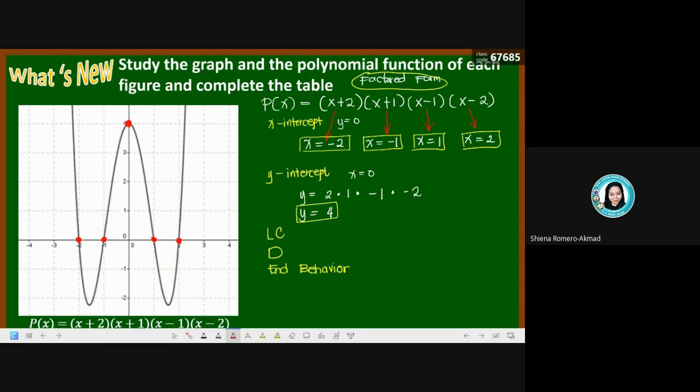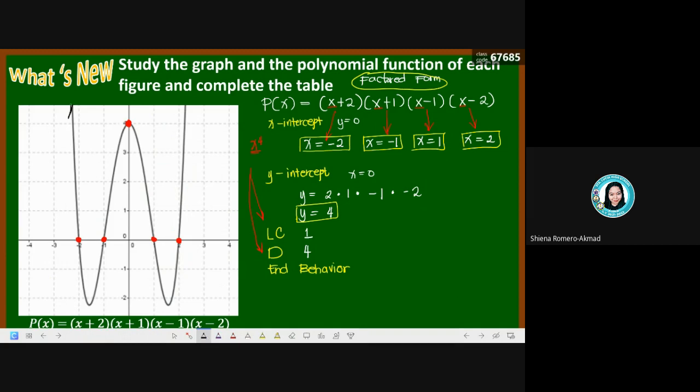So we have x times x times x times x. So we have x raised to 4. Diyan natin makukuha si LC and si degree. So the LC is 1, the degree is 4, and the end behavior should be, kitang-kita naman, di ba?